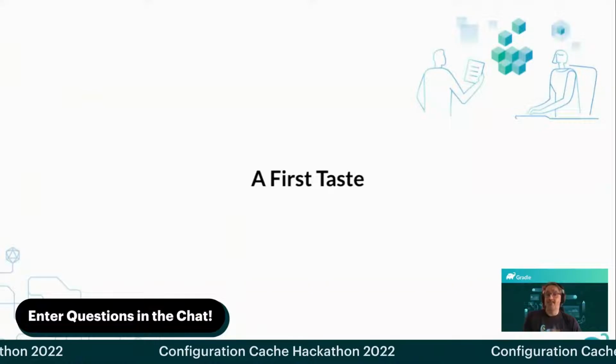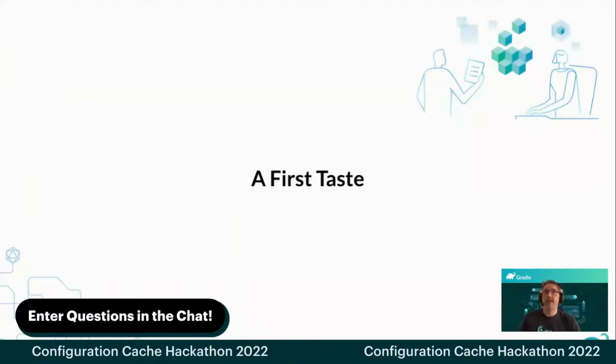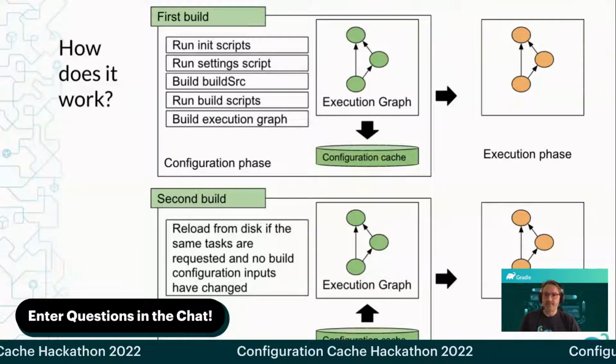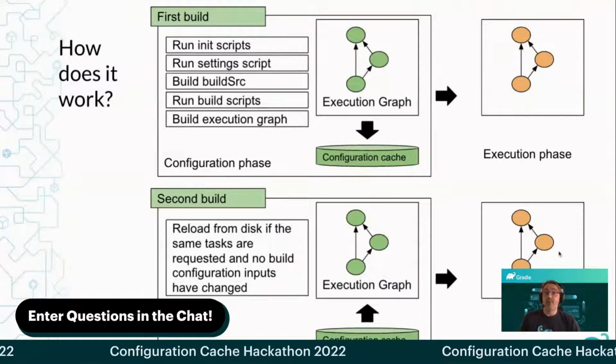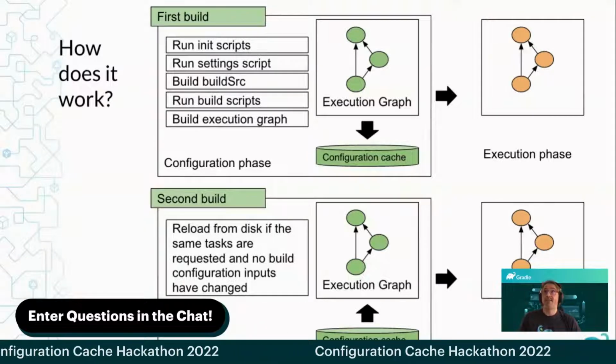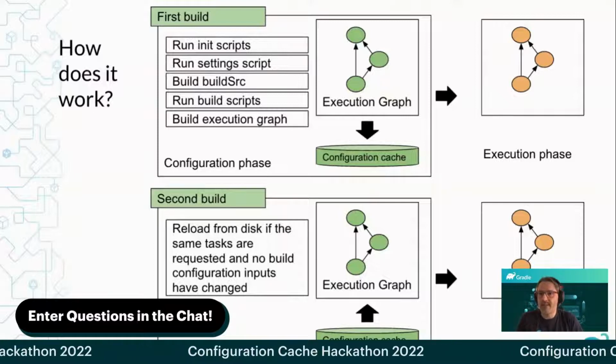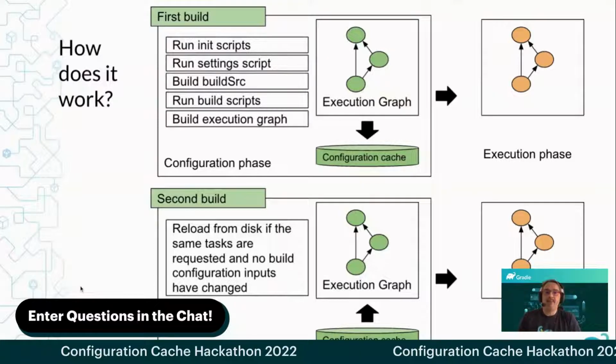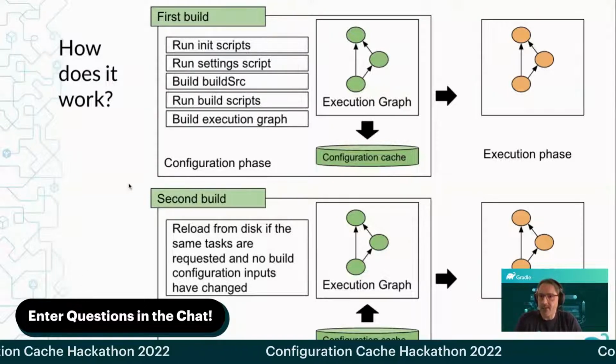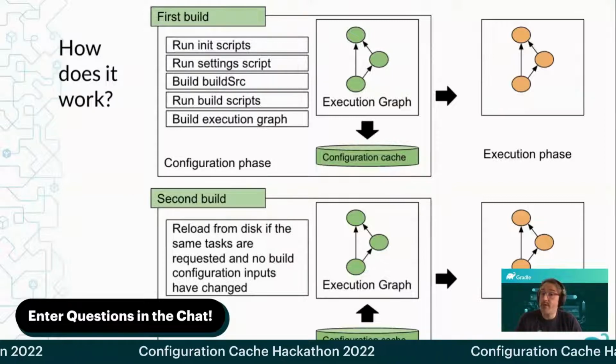But just how does the configuration cache help improve Gradle build performance? Well, the first, most obvious way is by skipping the configuration phase entirely, right? By saving on CPU and memory consumption.